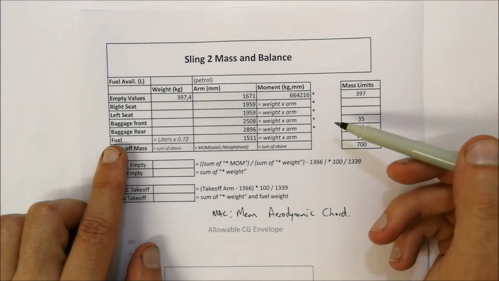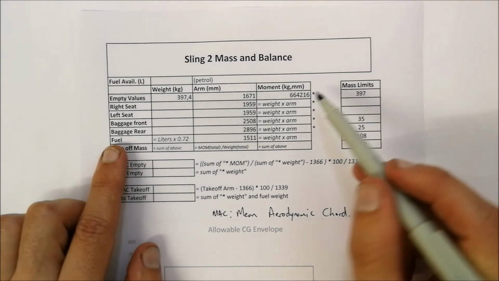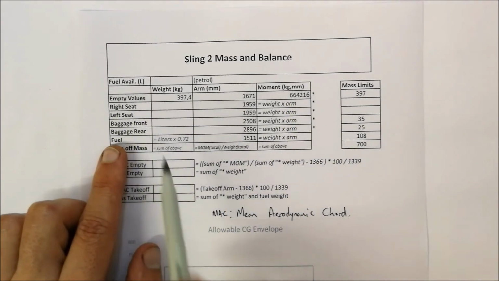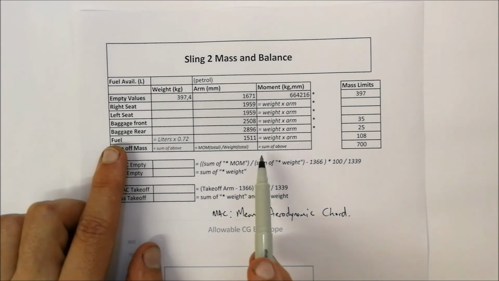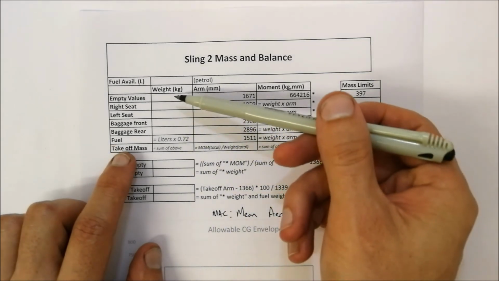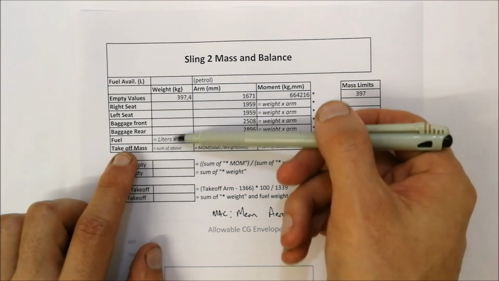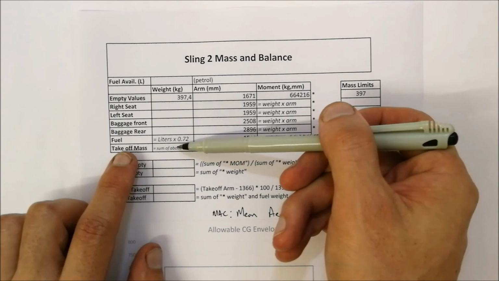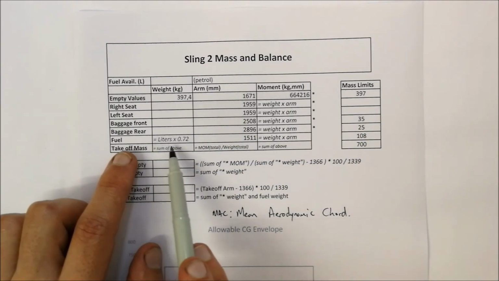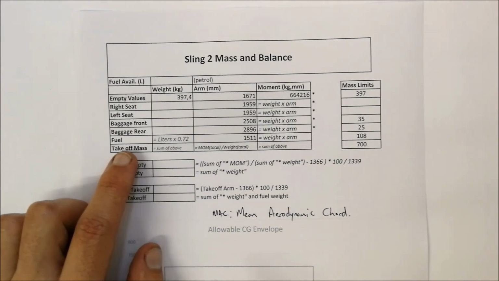Okay, so you're basically going to add all of these moment values together. Remember to also include the moment value calculated there for the empty aircraft. You're going to divide it by the sum of the weight that you've entered in over here in this column. But keep in mind fuel is 0, so therefore we won't be adding up the fuel value over there.